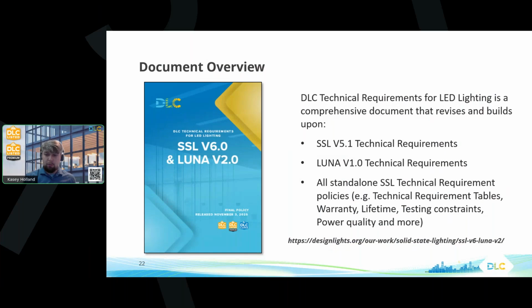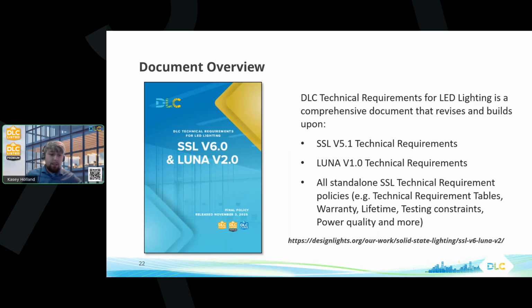First of all, I just want to clarify, this is combining all existing SSL version 5.1 technical requirements, LUNA version 1.0 technical requirements, and all SSL technical requirements standalone policies, which covered things like warranty, lifetime, testing constraints for products that are too large to fit into an integrating sphere, and much more that have covered topic-specific or product-specific considerations for technical requirement criterion and thresholds over the years. This document can be found at the link that's right there and that Lauren just posted into the chat.